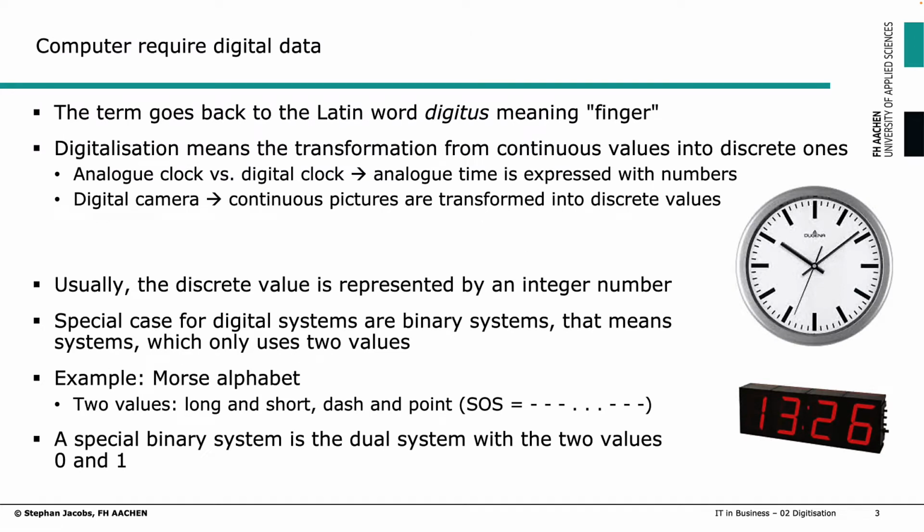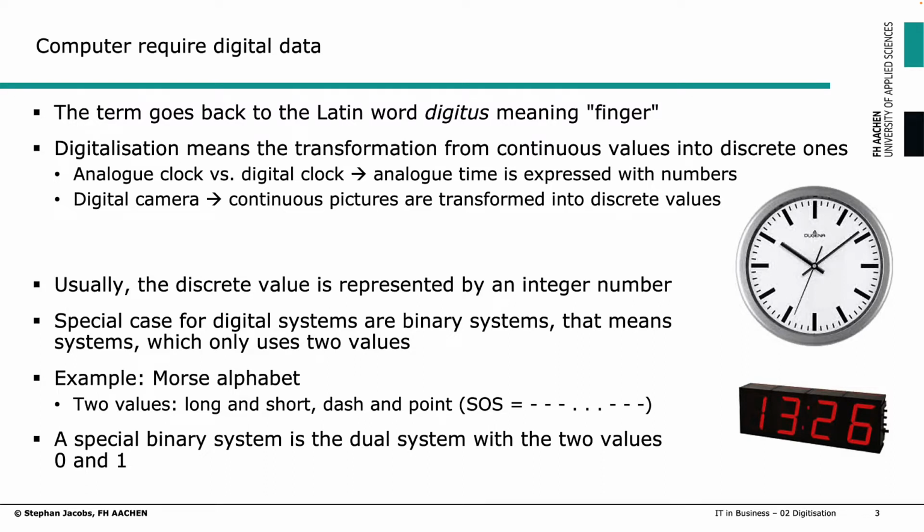Computers are based on digital data. But what does digital actually mean? The term digital goes back to the Latin word digitus, which means finger. If you remember how you counted in kindergarten or in first class, you used 1, 2, 3, 4, and you used your fingers to represent the numbers 1, 2, 3, and 4, and so on.